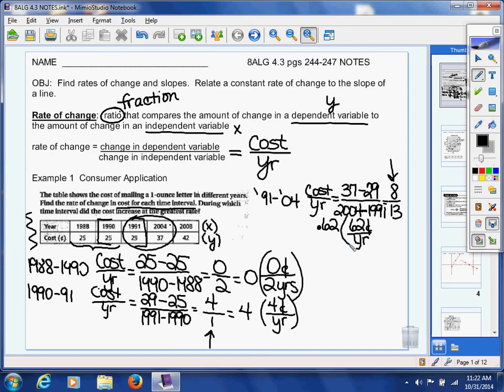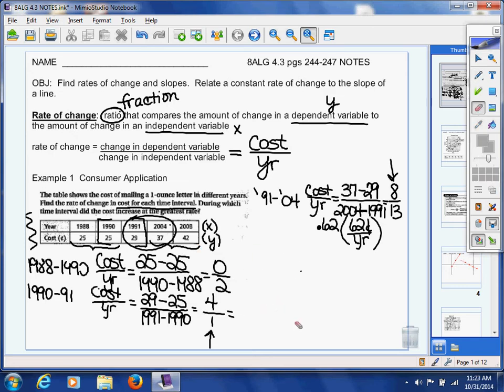Okay, so hopefully I've made perfect sense on that. If I haven't, please back that up and look at me one more time. And then we're going to get to our last batch here, which are our last two. We're going to look at the change between 2004 and 2008. So I'm going to do just a little bit of erasing because I don't have enough room to work. And you leave the work on your paper. You write much smaller than I do.